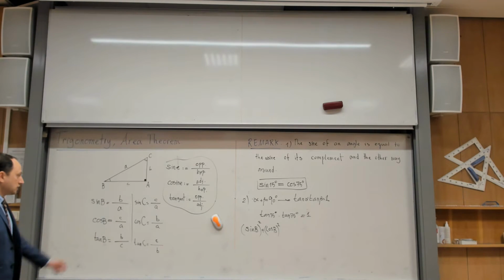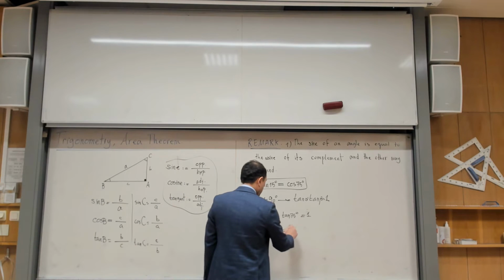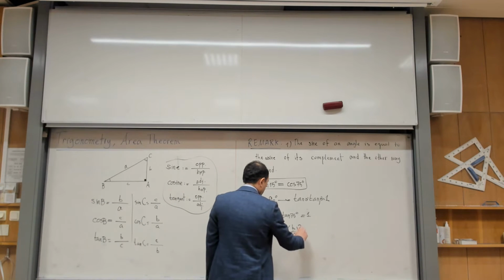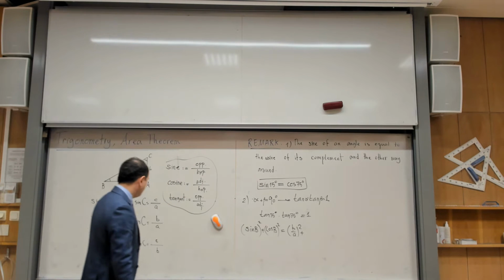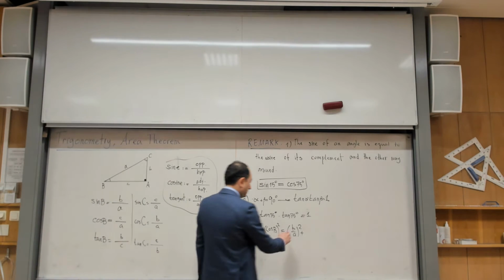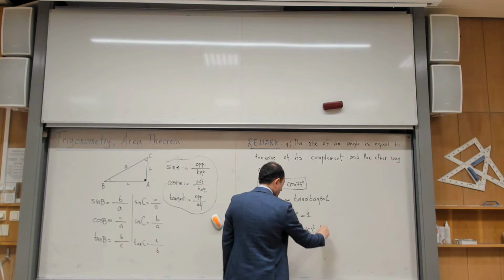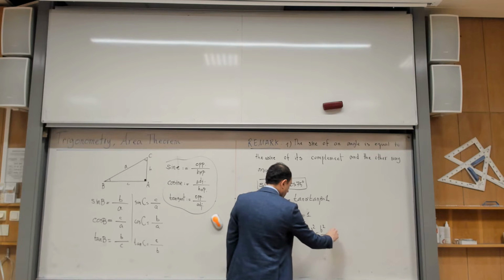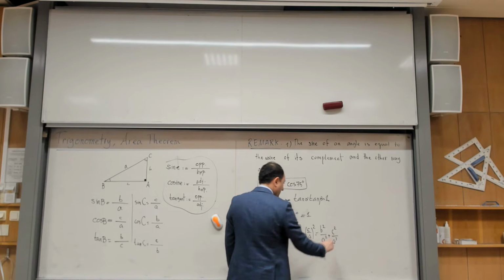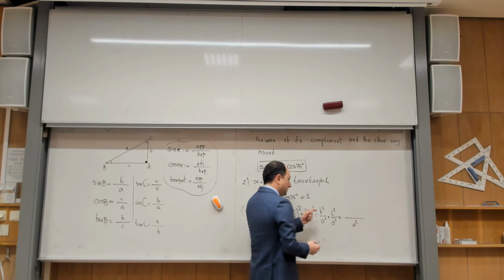So instead of sine of b, I can write b over a squared. And instead of cosine of b, I can write c over a squared. This becomes b squared over a squared plus c squared over a squared, but the denominators are the same. So I just write the same denominator, and then I add the numerators.